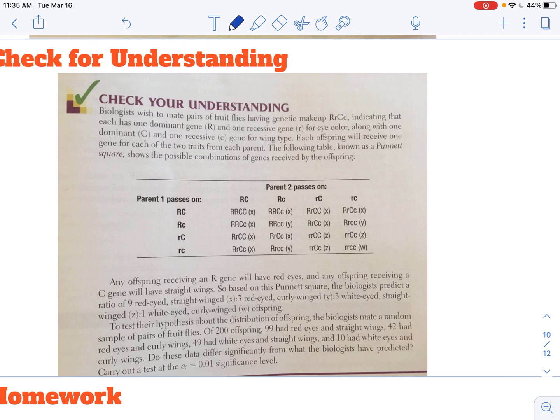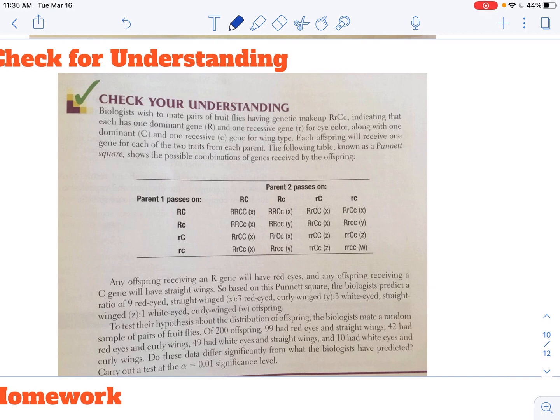So it's giving us the Punnett square breakdown. Any offspring receiving a big R gene will have red eyes, and any offspring receiving a C gene will have straight wings. So based on the Punnett square, the biologists predict a ratio of 9 red-eyed straight-winged, 3 red-eyed curly-winged, 3 white-eyed straight-winged, and 1 white-eyed curly-winged offspring.